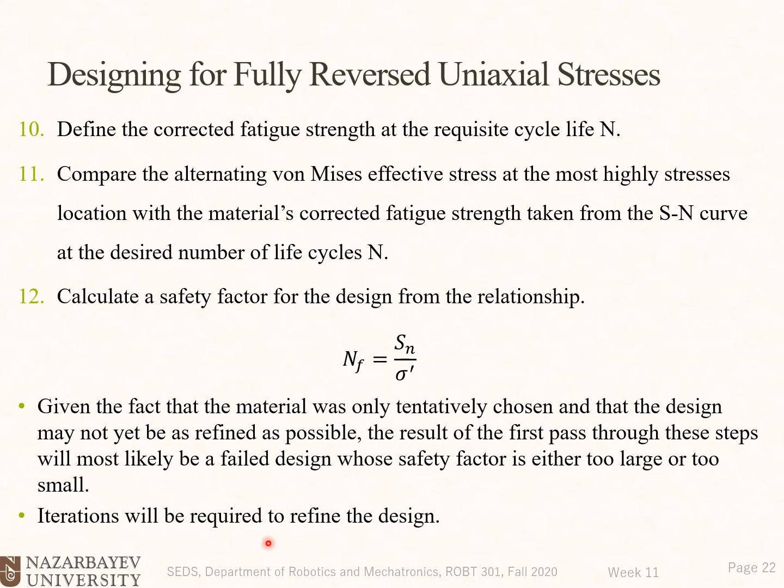Iterations will be required to refine the design. So we need to do some iteration. Why? Because we had tentative geometry at the beginning. We had the tentative material at the beginning. We had assumed a number of cycles at the beginning.